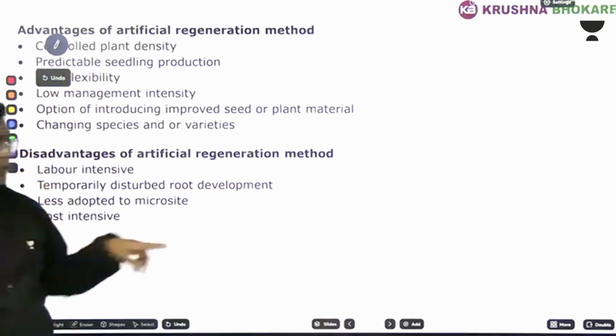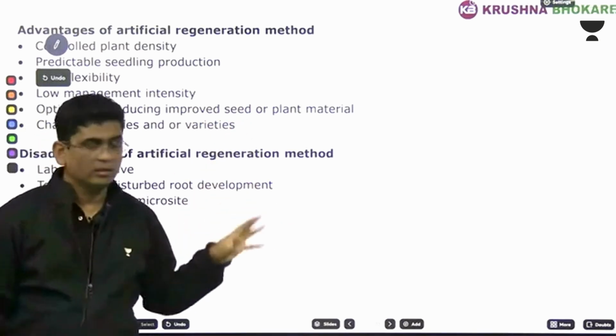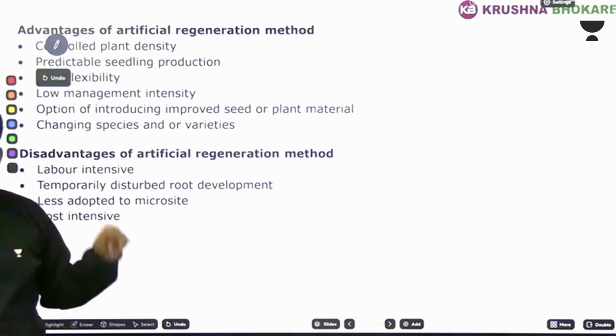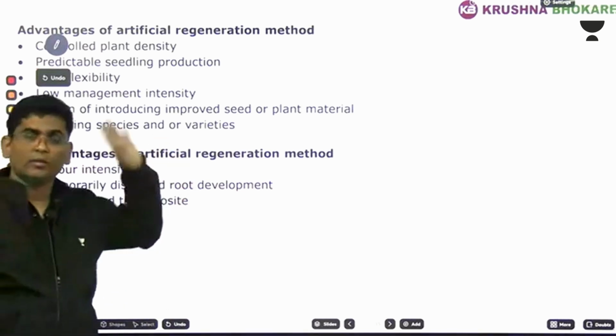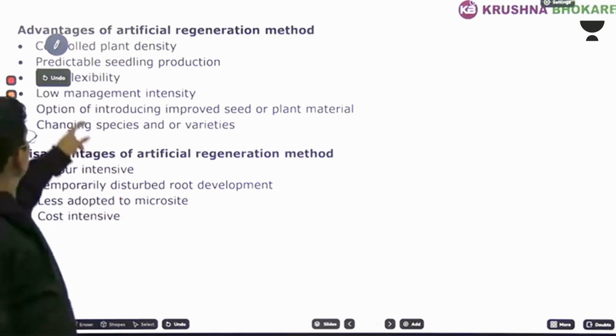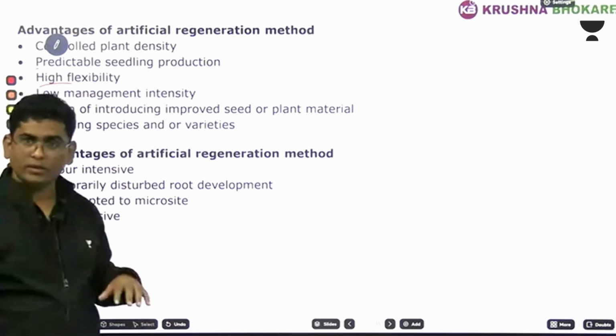Let's say if you want to plant the trees with space of 10 feet between two, 10 by 10, from that you can easily predict how many plants are required. But in case of random broadcasting, can we predict it? No.